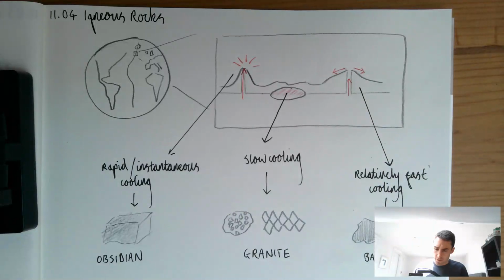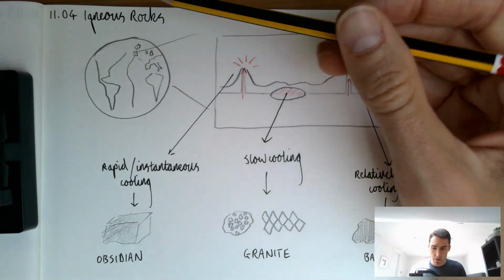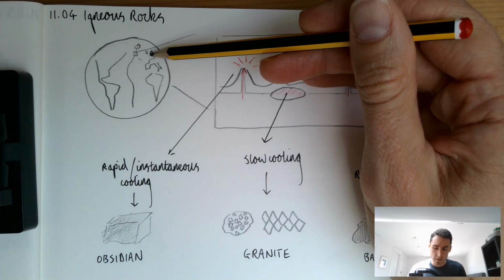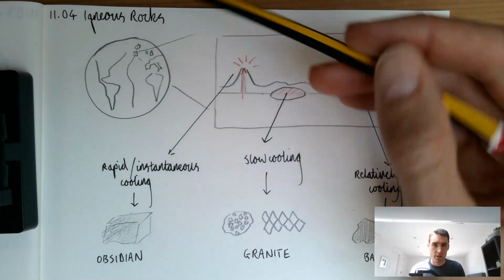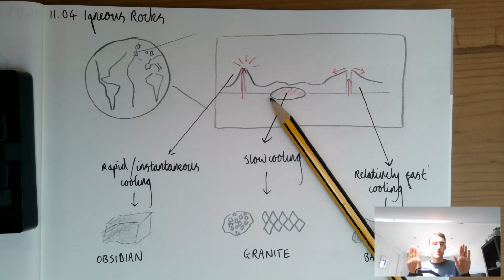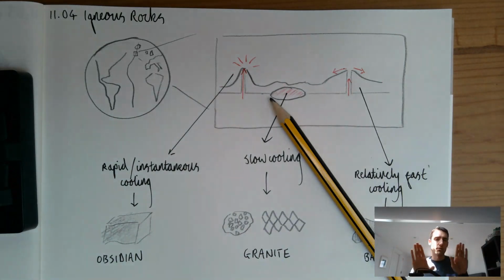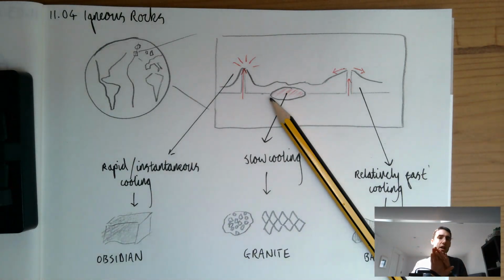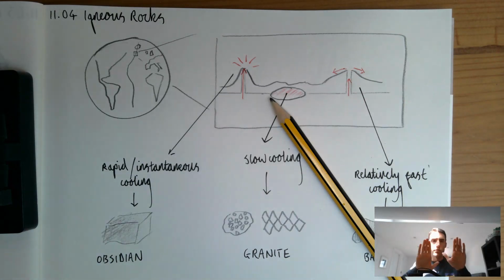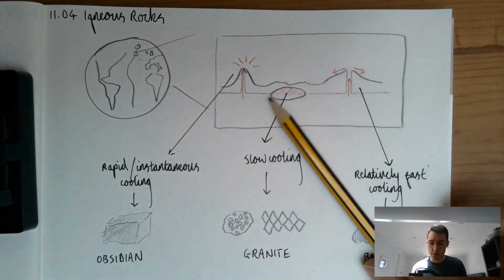We do have some basalt in the UK as well, but actually we've got quite a lot of granite as well. It's worth emphasising that because of Wegener's theory of continental drift, we were once on a constructive plate boundary. There were once volcanoes around what is now the UK, but obviously that's moved away, so we don't have any volcanoes anymore.